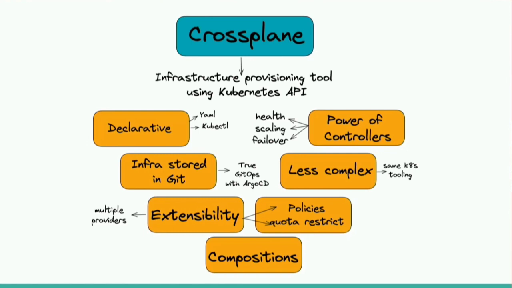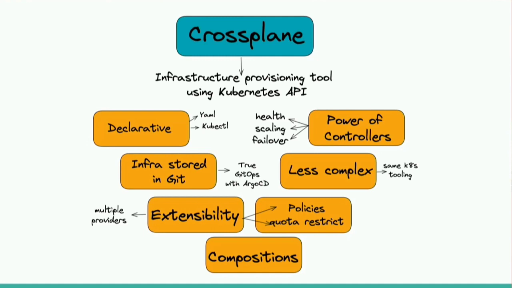Also, since it is native Kubernetes, you can use the other Kubernetes tooling. Suppose you have Kyverno installed onto your cluster for managing your policies. You can apply policies for your namespaces where you are applying your Crossplane components as well. So you can use the native policies, the quota restrictions, all the benefits of Kubernetes through Crossplane for managing your infrastructure.